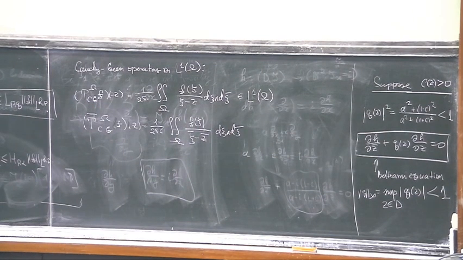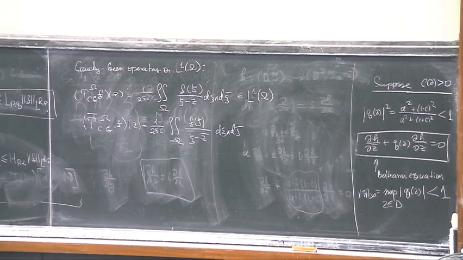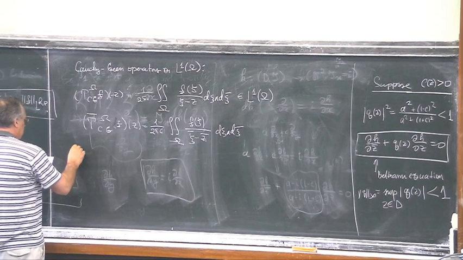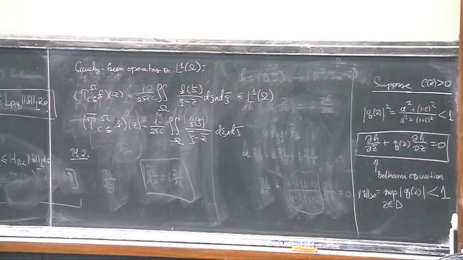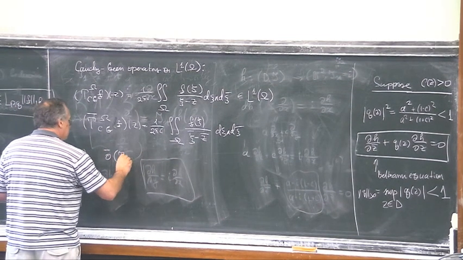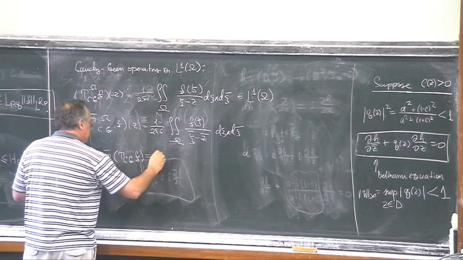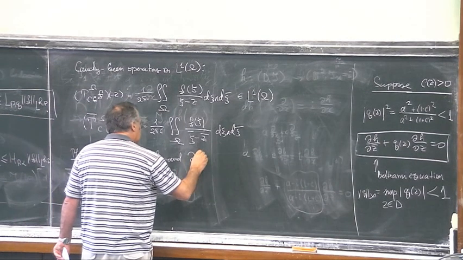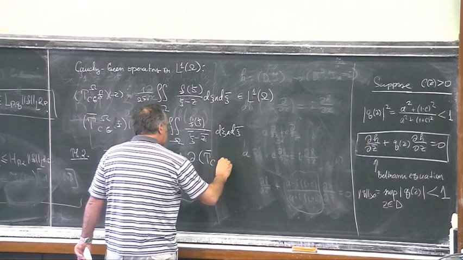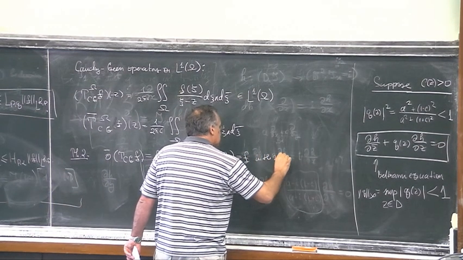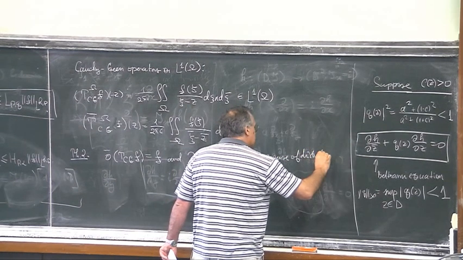As you well know, let it be a theorem: d bar of Cauchy-Green of f is equal to f in the sense of distributions, and d of the conjugate Cauchy-Green of f is equal to f in the sense of distributions.